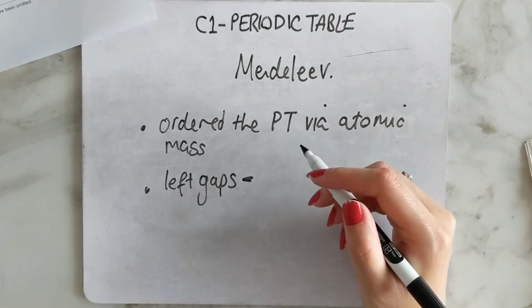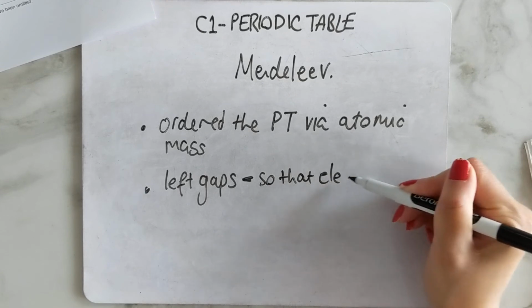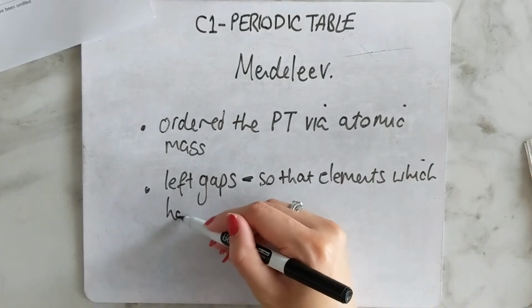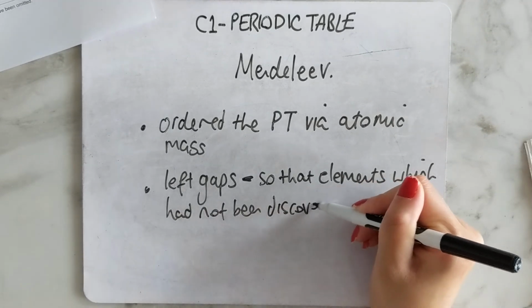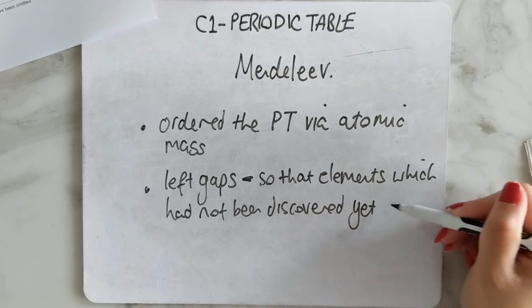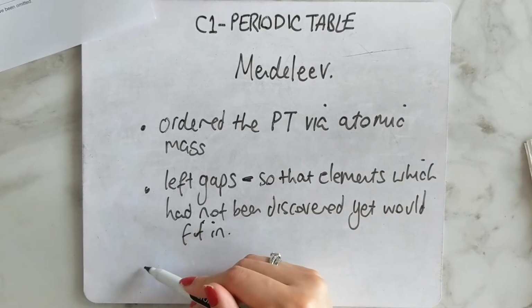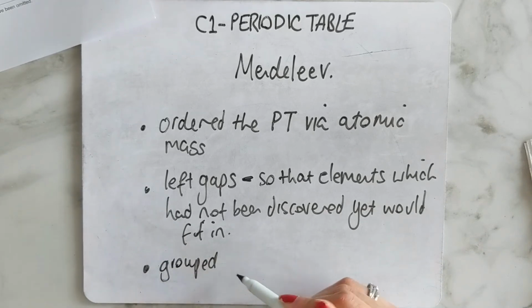So left gaps so that elements which had not been discovered yet would fit in. And then lastly, like I said, grouped elements with similar properties.